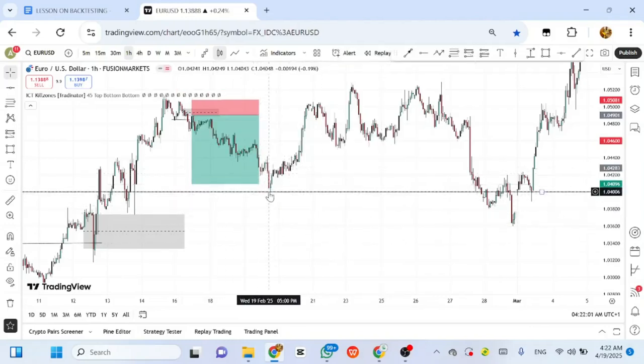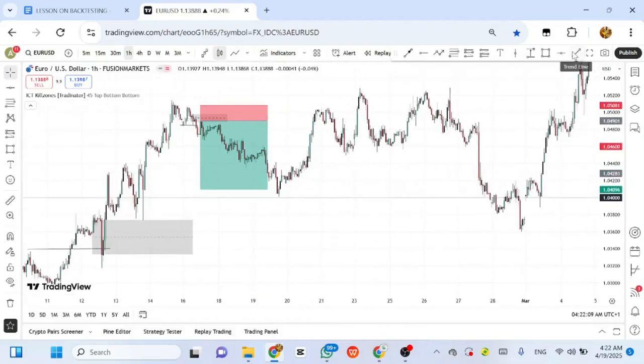So if the market should reject from this point, maybe I can venture a trade here to catch some opportunity. So I'll be looking at this first. This is a high, but this high is not the high I'm looking at. Why?